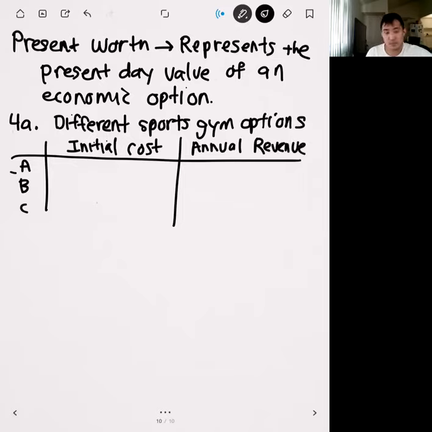Okay. And so, before we start filling in numbers here, let's categorize these types of cash flows, because they're all going to be the same. Okay. And so the initial costs, this is something that you're going to pay up front. And so this can be a present sum. And then the annual revenue, since this is the amount of money that you're going to make every single year, this is going to be a uniform series.